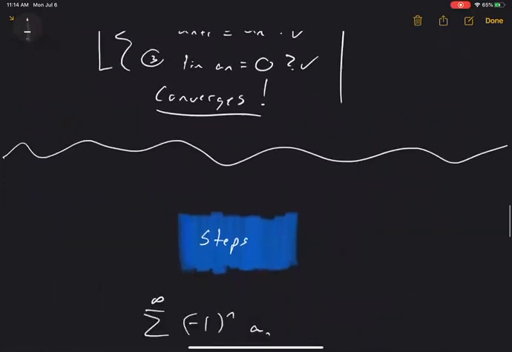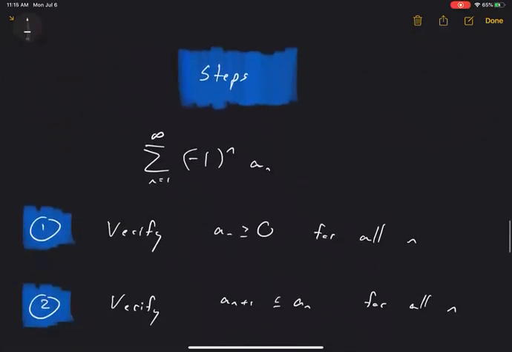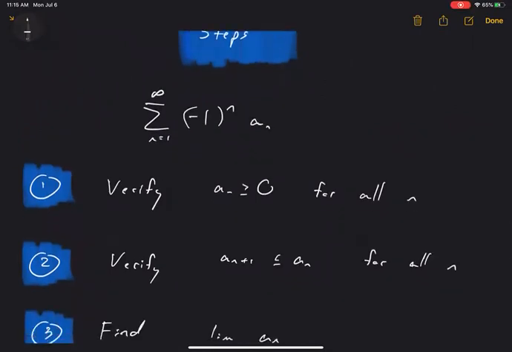But let's be concrete about the exact steps we need to apply this alternating series test. Okay, so let's say I see an alternating series like this, and again, it doesn't matter if we start with -1 to the power n, or -1 to the power n plus 1, whatever. As long as it's an alternating series, we use these exact same steps.